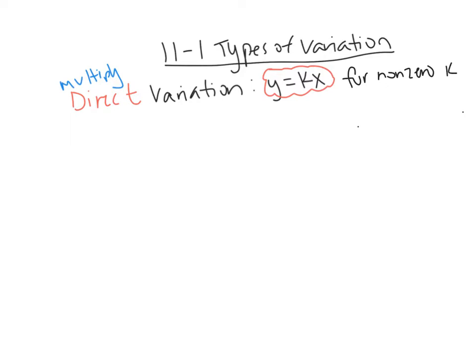Another type of variation would be inverse variation. If something varies inversely between x and y, that means a fraction. So think divide. With direct, you think multiply. Inverse, we're going to think divide.